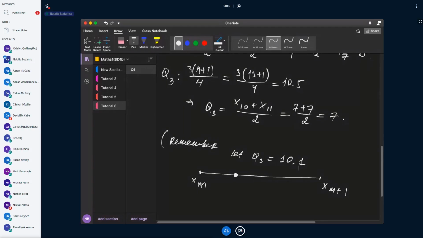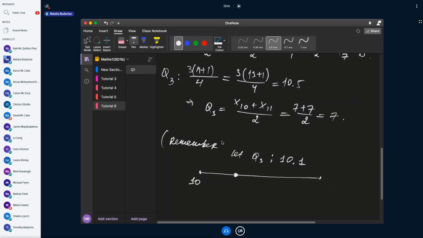10.1. So in this case, it's not Q3, it's the index for Q3. Q3 is a number we don't know; when we calculate Q3, we calculate the value.